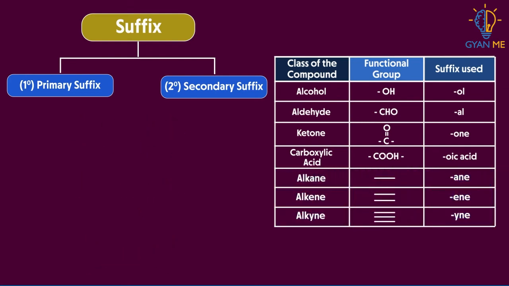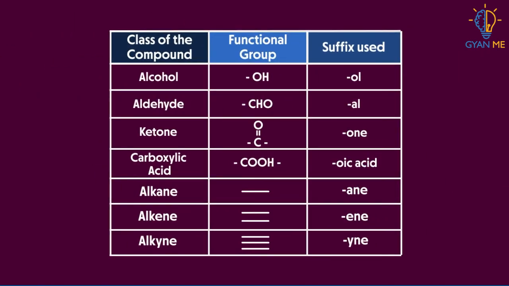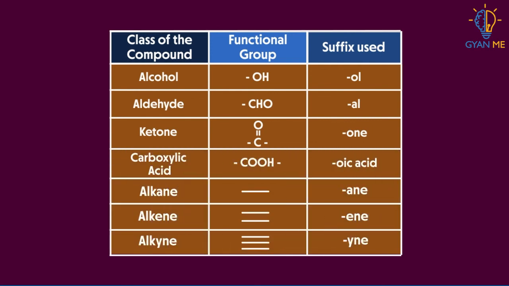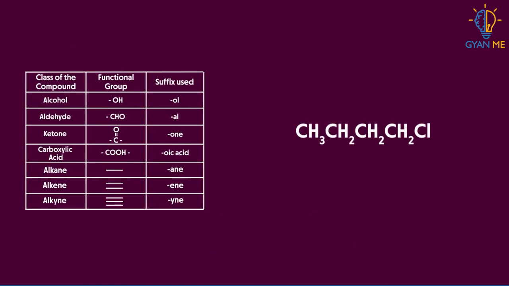While the secondary suffix describes the functional group of the compound. The table shows different functional groups and their relative suffixes. For example, the alcohol functional group will have -ol, aldehyde -al, and ketone -one, and so on as suffixes. So we are going back to our compound.